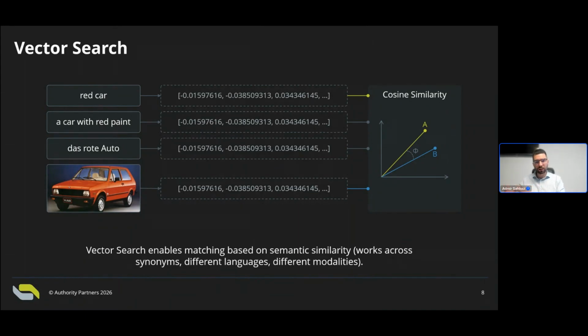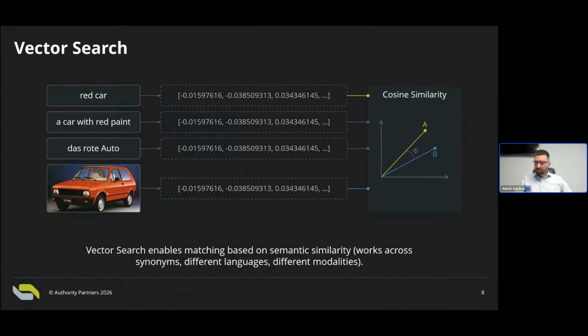That allows us to match content based on semantic similarity. Then, for example, when the user asks a question, we can retrieve contextually relevant chunks of our content, even if they don't share the exact same keyword. And that's the main value proposition of vector search.